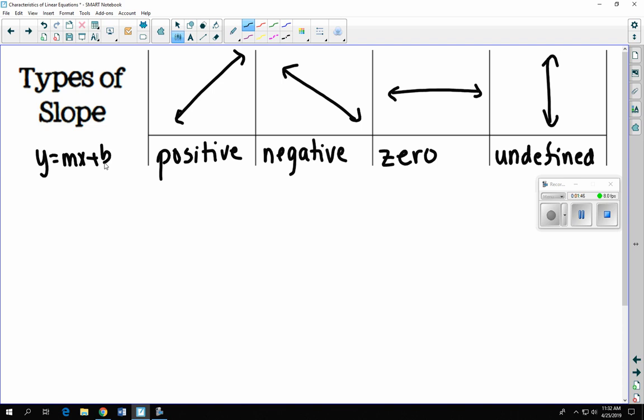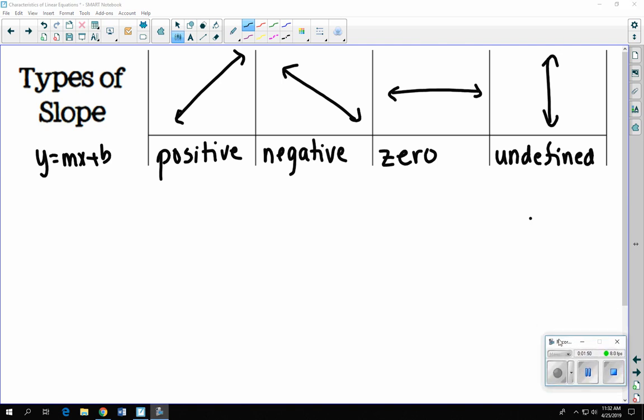So I'm going to write the 3 different kinds of equations for these lines. First being with my positive slope, it is going to just be the same exact equation, y equals mx plus b. With my negative slope, the only difference is my slope becomes negative. With a 0 slope, my line is horizontal.